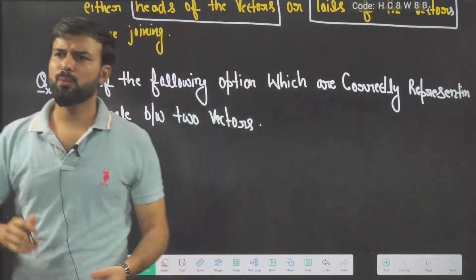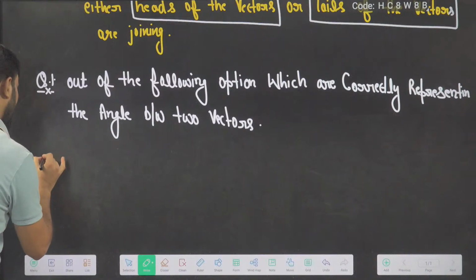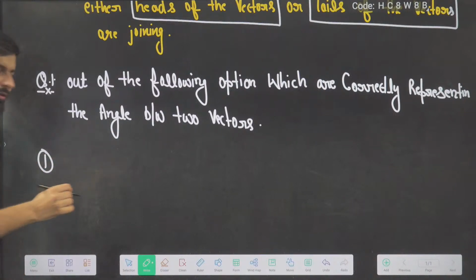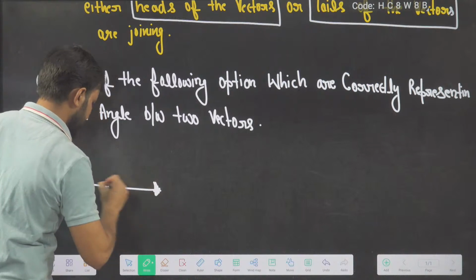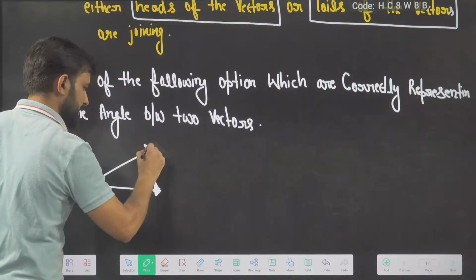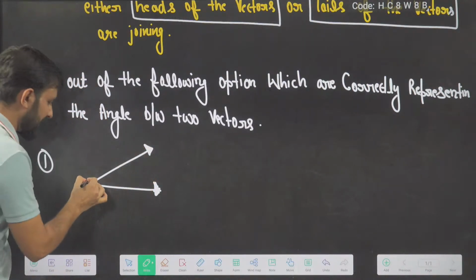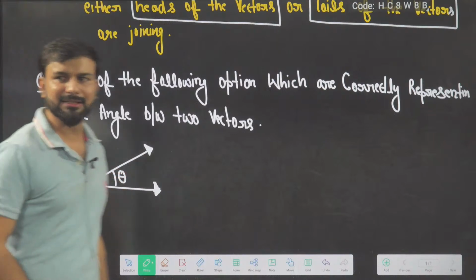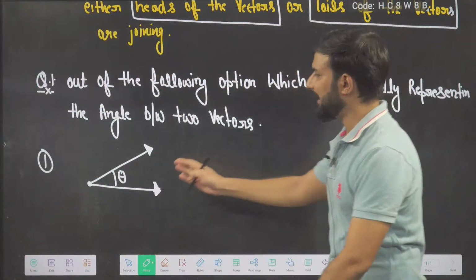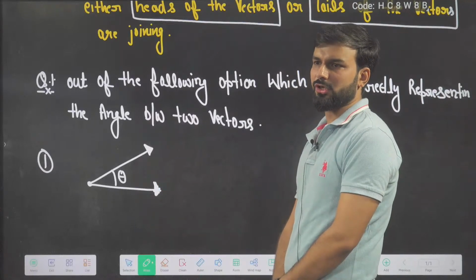First, very simple and very easy. The first option I am giving you: this is two vectors, the first vector like this, and this is the second vector. In this diagram, the angle at this point is shown by this theta. Tell me, is this theta correctly measuring the angle between two vectors or not?